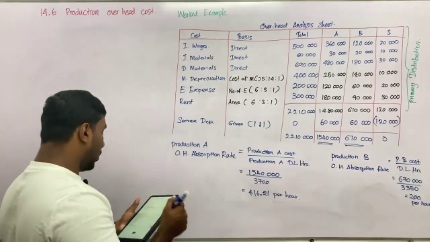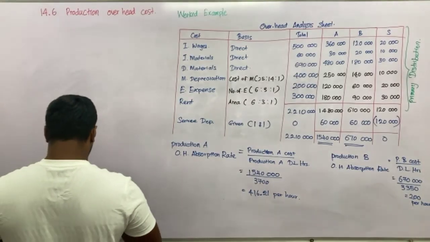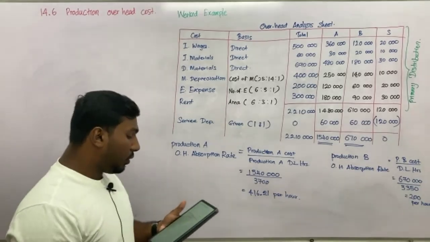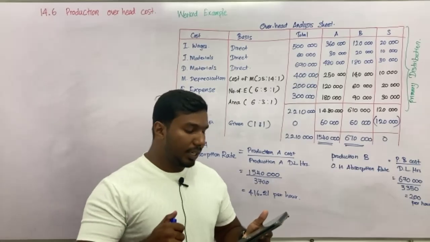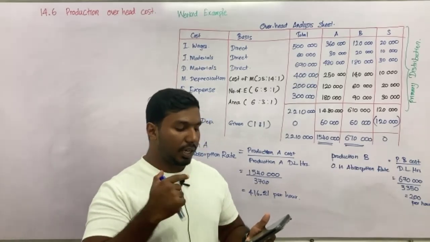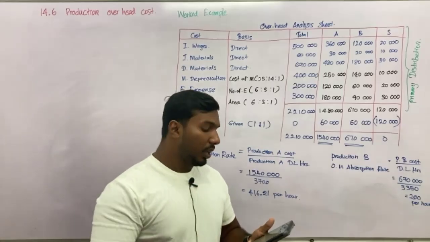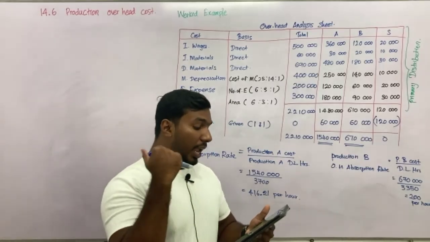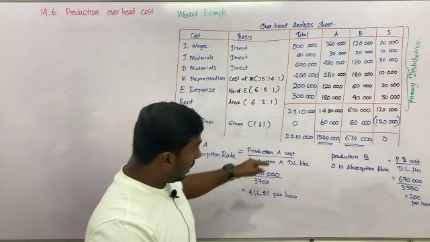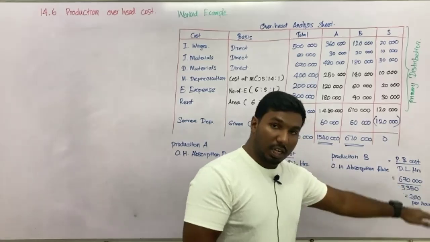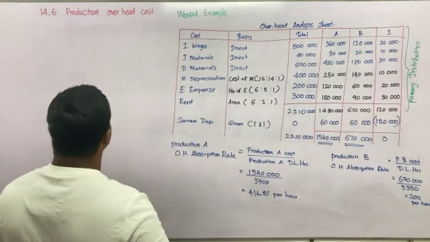So step 4, the production cost is given. On page number 20, you can see the question: order 1000 chairs. Direct material cost 700 per unit, direct labor 1000 per unit, other direct cost 100 per unit is given. Department A, they spend 8 direct labor hours. Department B, they spend 6 labor hours.